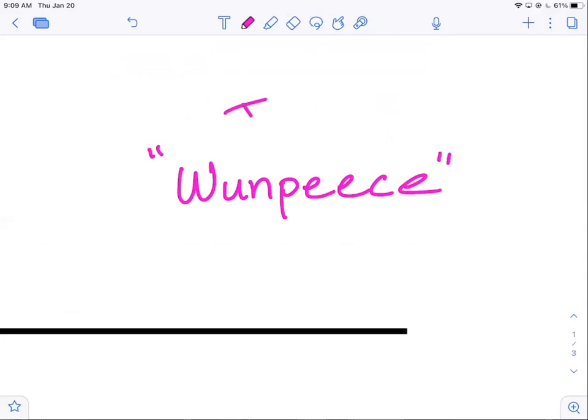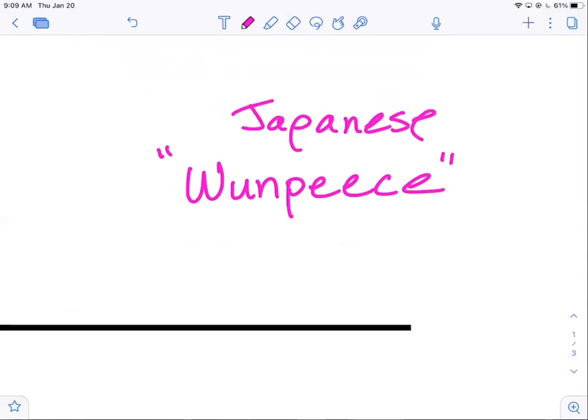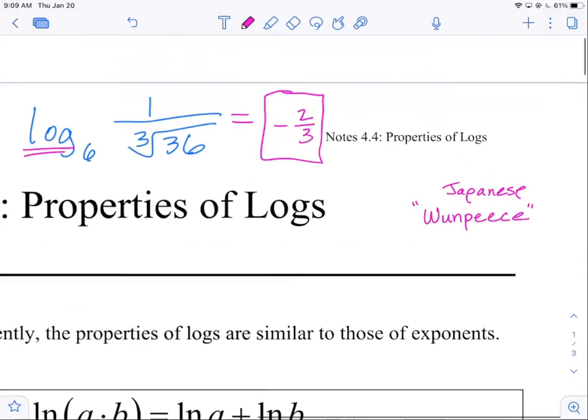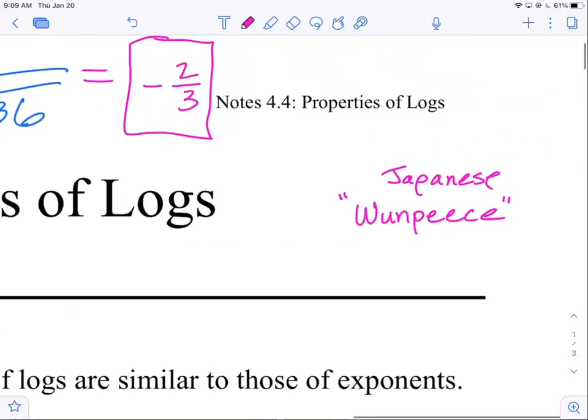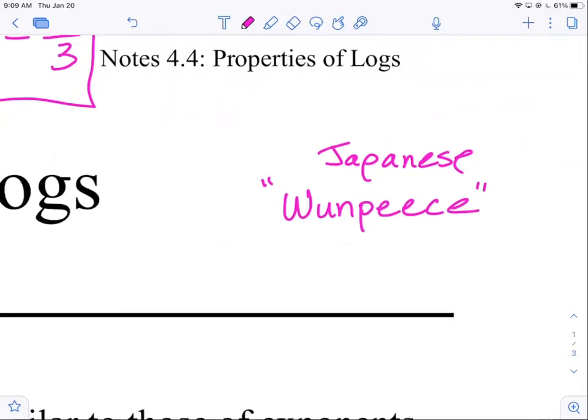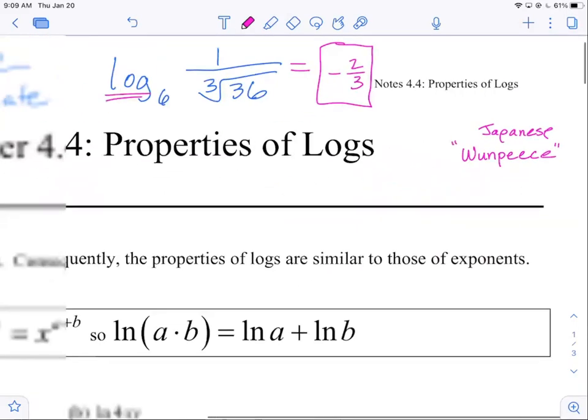Is that the right spelling? Yeah. Japanese One Piece. Okay. Got it. Thanks. It's O-N-E, space, P-I-E-C-E.